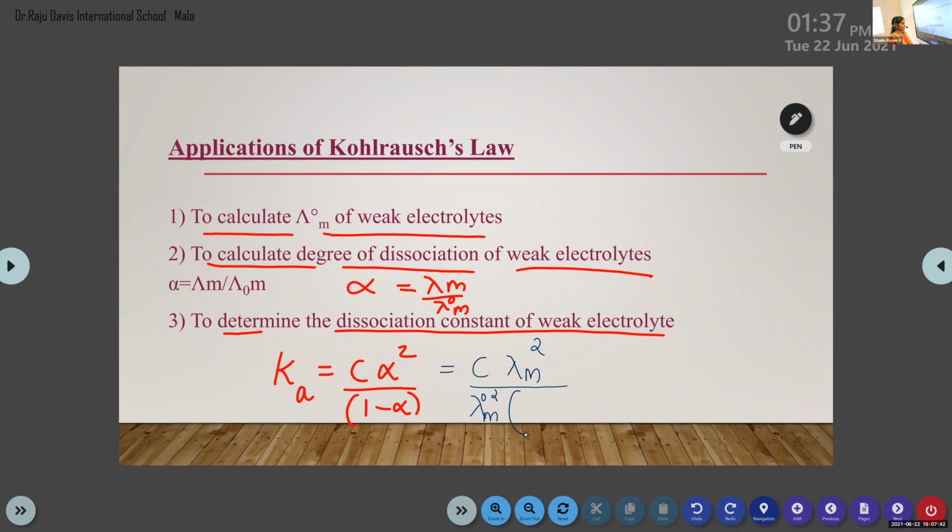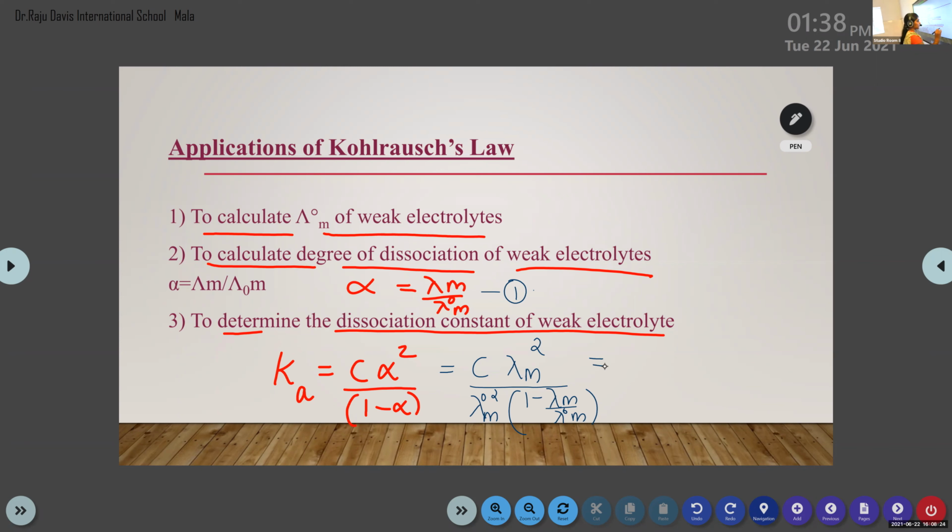Then instead of alpha, here also you can write 1 minus lambda m by lambda 0 m. Is this clear? Instead of alpha, we just substitute lambda m by lambda 0 m. Here it is alpha square, that's why it becomes lambda m square divided by lambda m 0 square. And here 1 minus alpha, this alpha can also be substituted by lambda m by lambda 0 m.